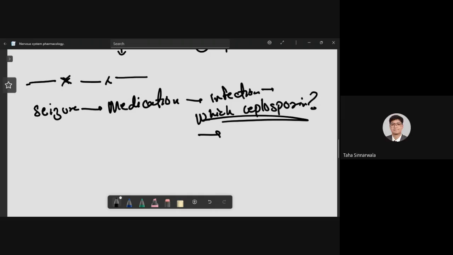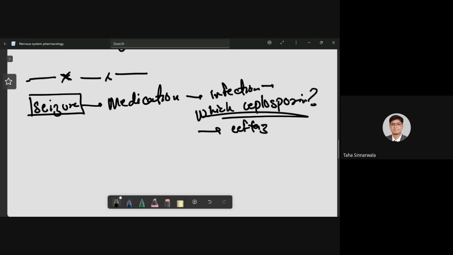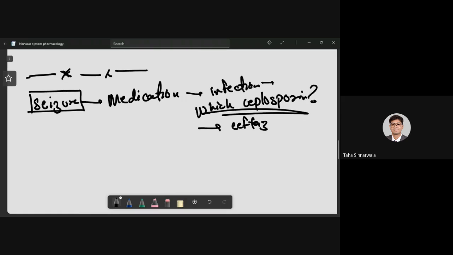Yeah. Okay, so let's break this question down. Cefepime, oh yeah, so this is ceftazidime. Multiple different medications you can give, but here, they tell you a seizure. So this could be, let's say, a focal seizure. Then you give the patient some kind of medication.